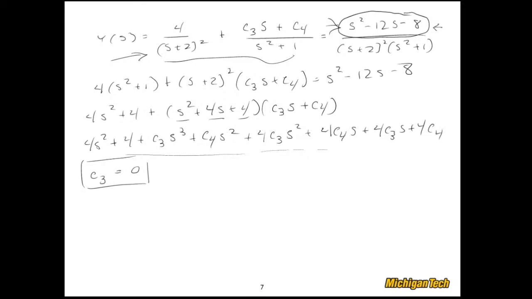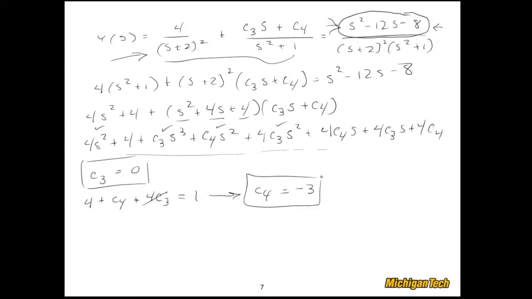I just have one more coefficient to get, and that's c4. So let me check that off. Let's go after the s squared terms. I'll have a 4 from that, plus c4 from this, plus 4c3 here, and that has to equal 1. Since c3 is 0, c4 is equal to -3.